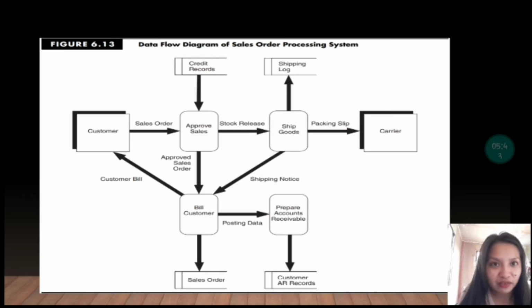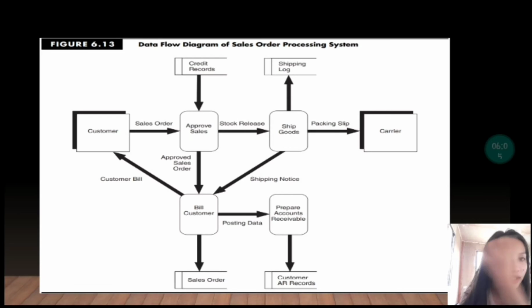So we have entities here, the customer and the carrier, based on the symbol that I explained earlier. And also we have the processes. The processes here are approve sales, ship goods, bill customer, and prepare accounts receivable.